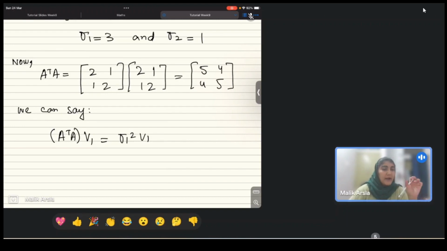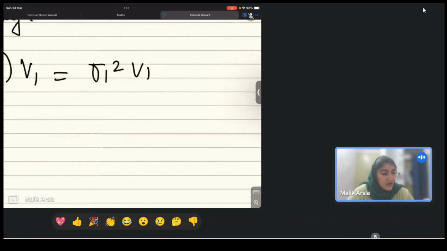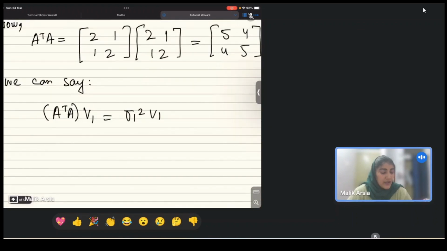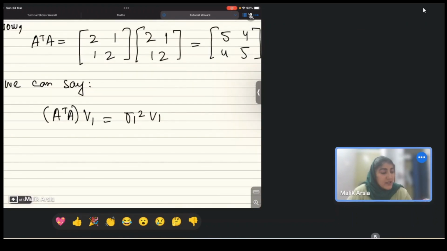Then we write A minus lambda I into V is equal to 0. So those are basically eigenvalues. When this matrix A transpose A operates on its eigenvectors, it gives its eigenvalue into that eigenvector.